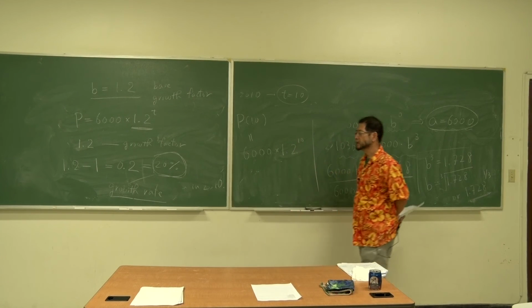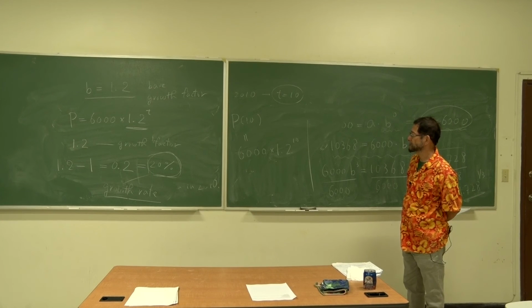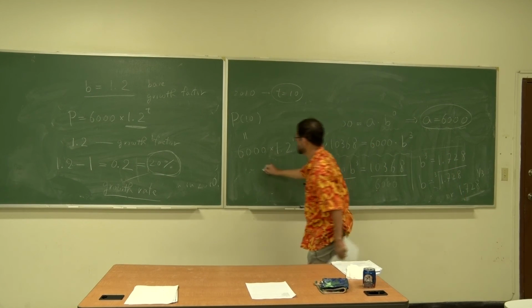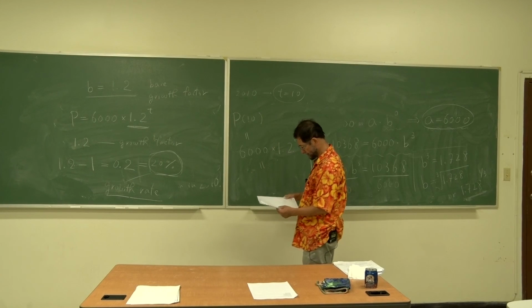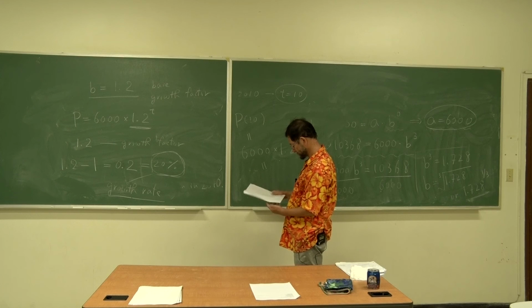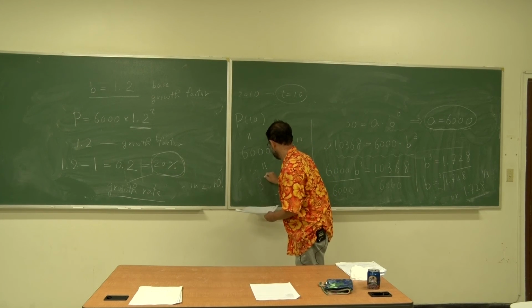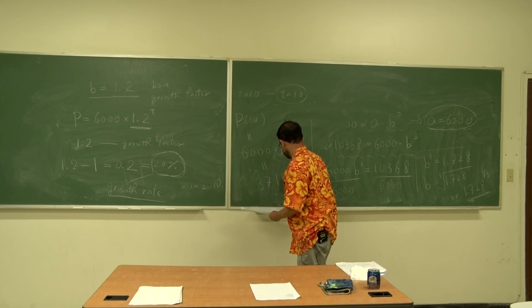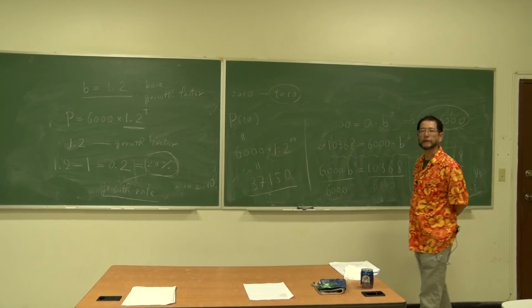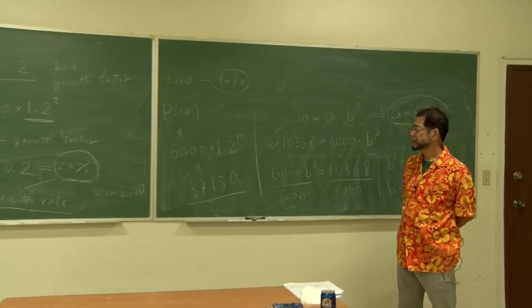So 6,000 times 1.2 raised to 10. Again, you can use a calculator to do that. So we roughly get 37,150. Okay, thank you.